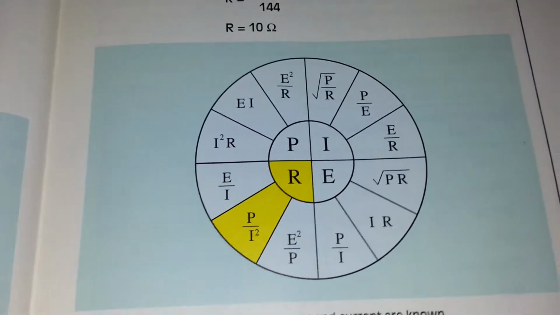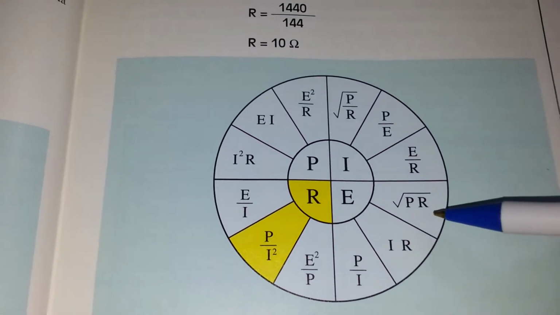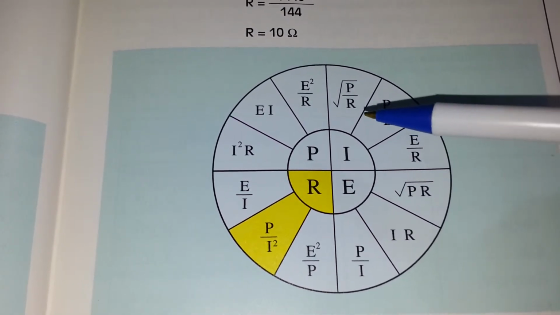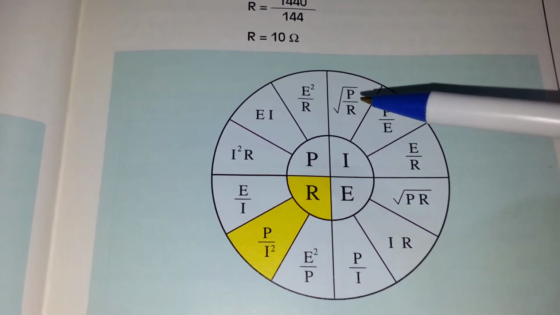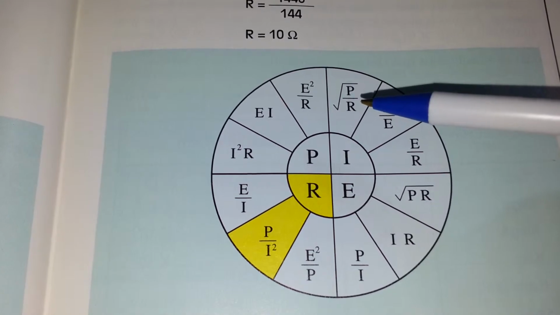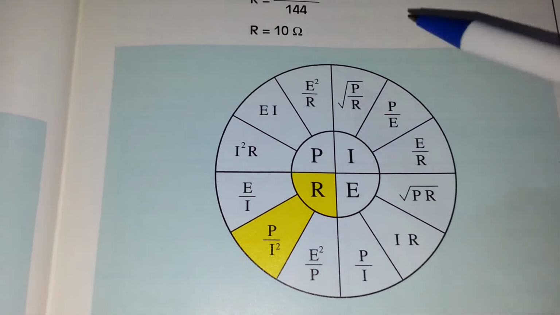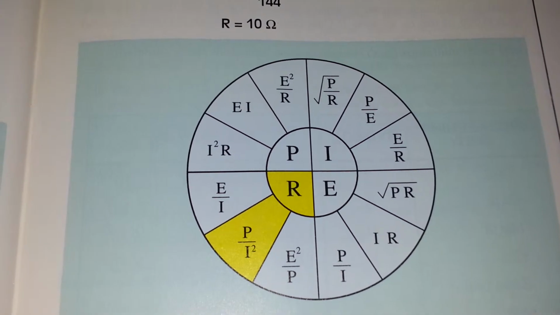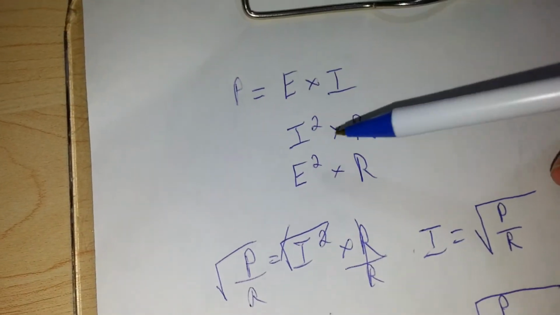However, when you look over here and you find that E equals the square root of P times R, and I equals the square root of P over R. So how is it that when you factor out one, you get a division, and here you get a multiplication, both of which are inside the square root, but they are not the same, even though they start out to be the same up here.